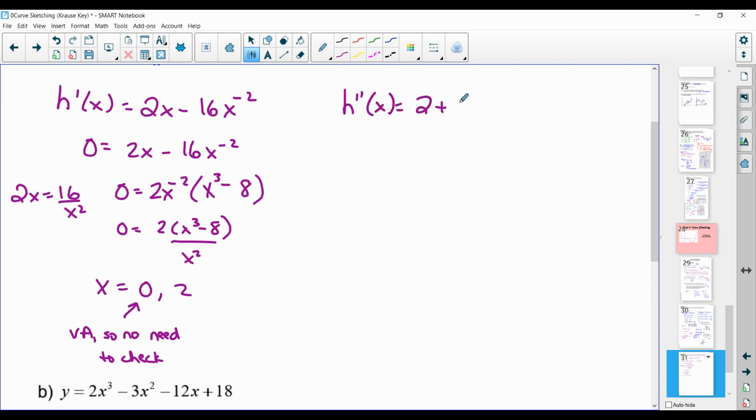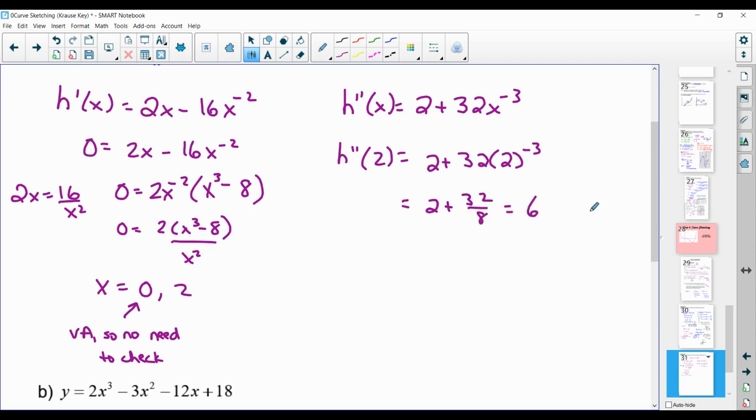We've got 2 plus 32 times x to the -3. We're going to sub in that critical point to see if it's positive or negative. So 2 plus 32 times 2 to the negative 3. And again, it does not matter what the actual final answer is. We just care about whether it's positive or negative.